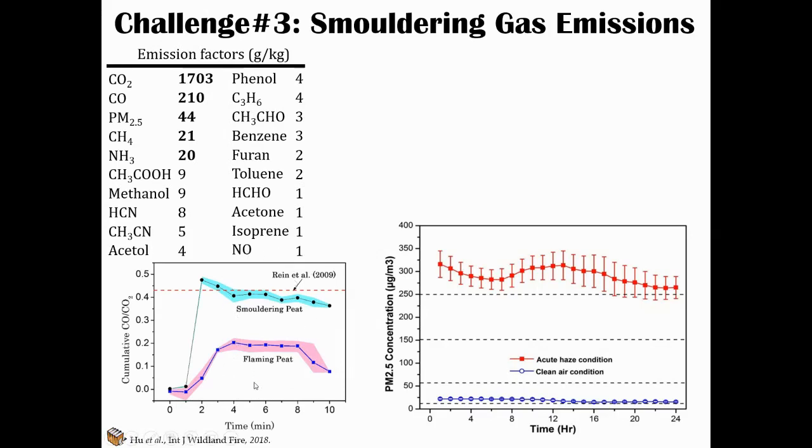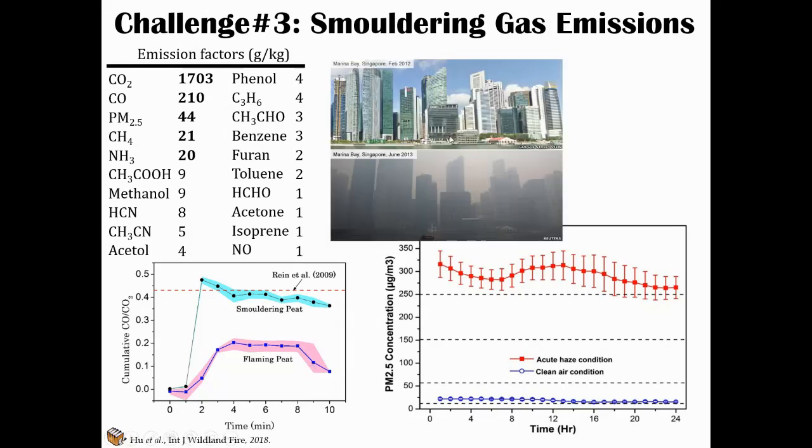If we look into the ratio of CO to CO2, which is a way of looking into the level of completeness, you see that smoldering is 4 times that ratio. It tells you how different it is, even when you are burning the same material, the same peat in this case. And this is important because of haze events, which is when this cloud is being produced at the surface by smoldering. These very fires have been burning for months.